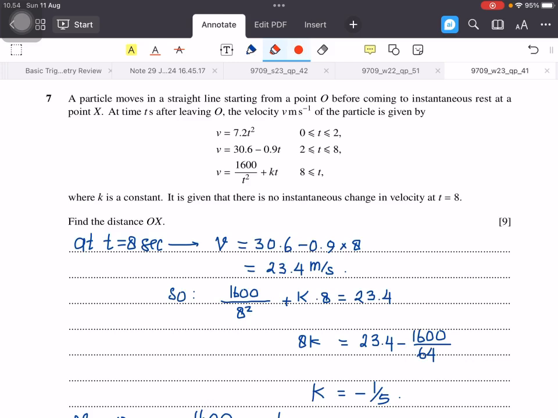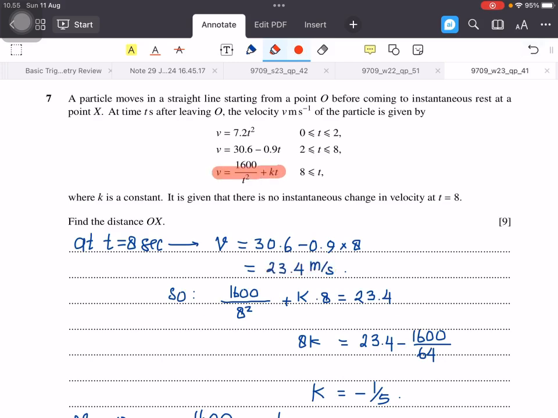So now we use this information first. There is no instantaneous change in velocity at t equals 8. First, when t equals 8, we find the velocity using the second equation, in which v is equal to 30.6 minus 0.9 times 8. It's equal to 23.4 meter per second.